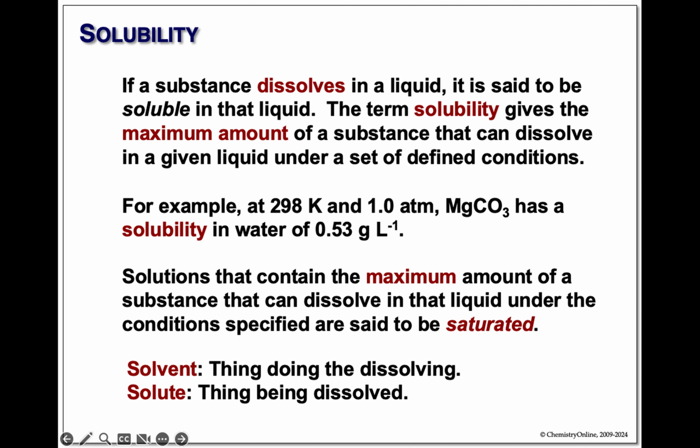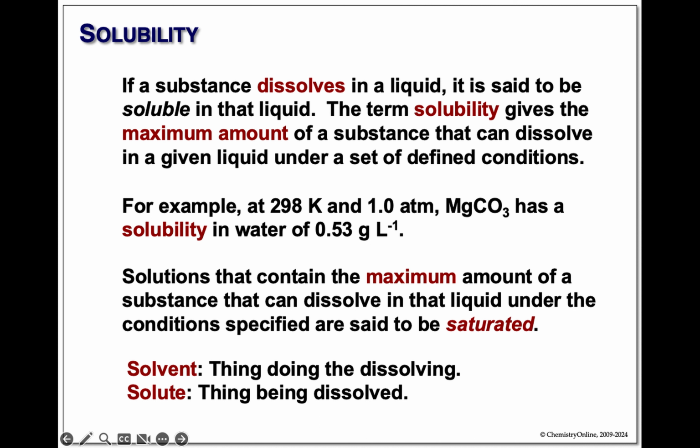Now, there's one cute, fun fact about all this, and that is you could sometimes cheat. With certain compounds, if you're very, very careful, you can warm them up and dissolve more than their solubility allows, because things are more soluble in hot water.